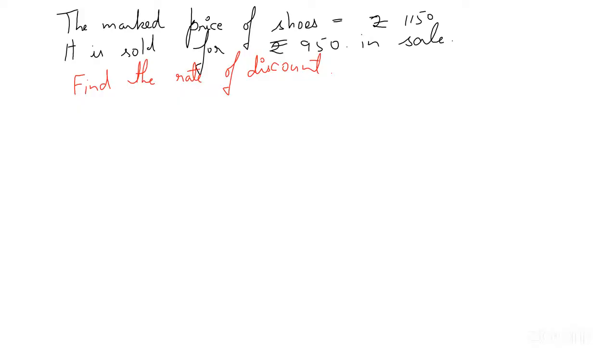Correct. Total discount is market price minus selling price. Market price is 1150 minus 950, we have 200, which is my discount.